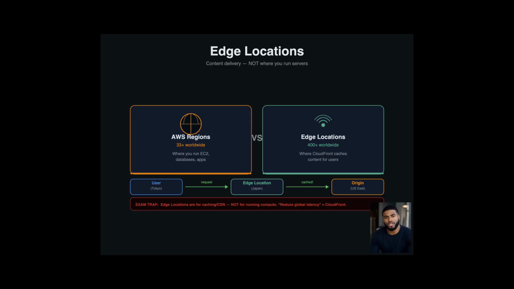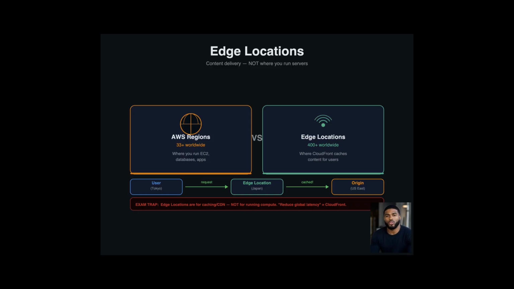So if someone in Tokyo loads a website that's hosted in US East, instead of that request crossing the Pacific every single time, it hits the nearest edge location in Japan and serves cached content from there. Way faster, way lower latency. Edge locations also handle Route 53 DNS queries and AWS Global Accelerator, but we'll get into those services later.